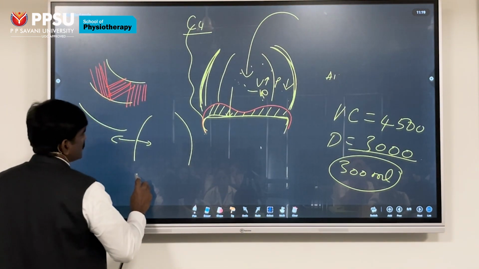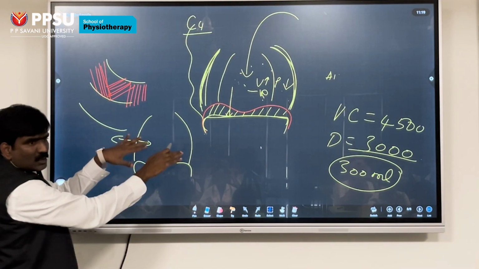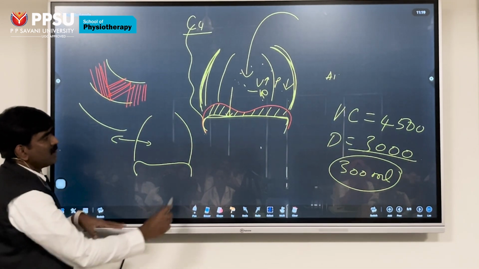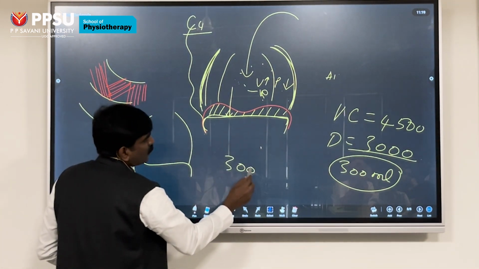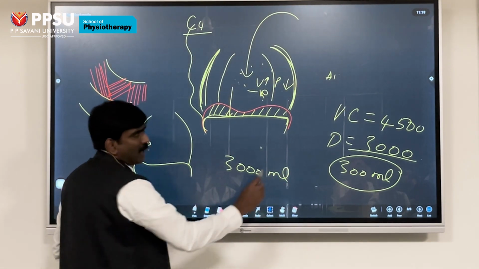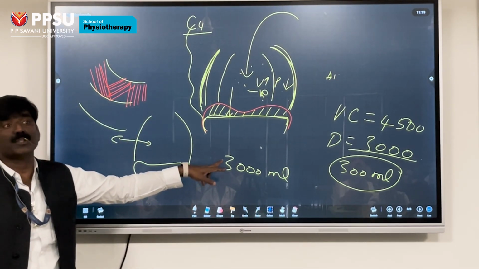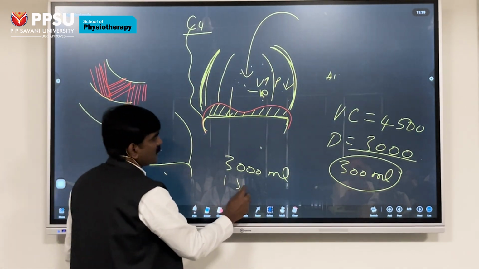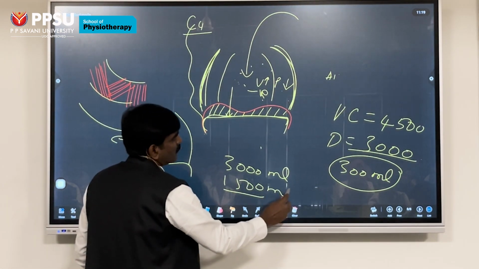So now what happens when the diaphragm muscle is contracting? Maximum vital capacity you can achieve is 3000 ml, which is the contribution of the diaphragm. You cannot achieve this 1500 ml. Why?